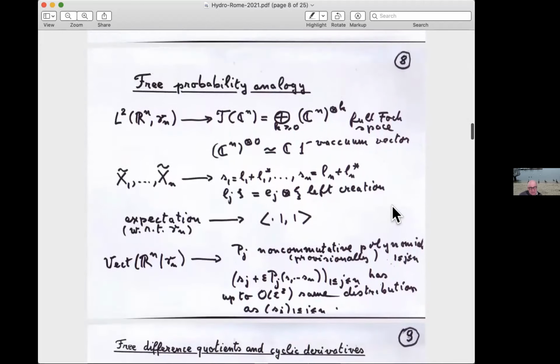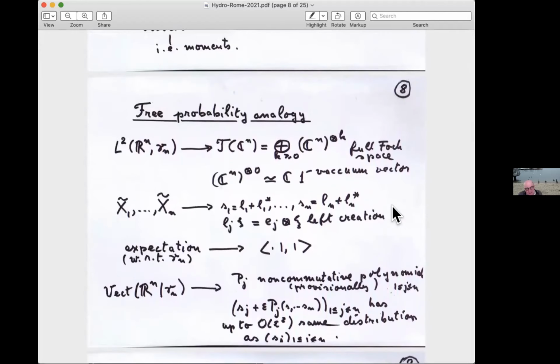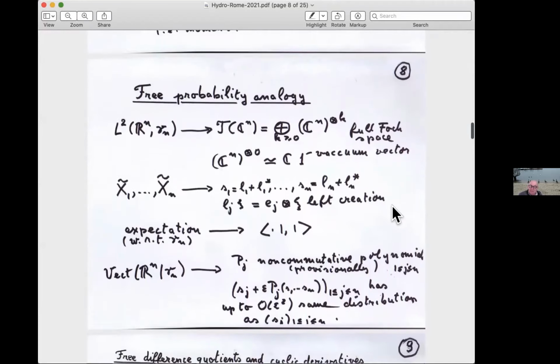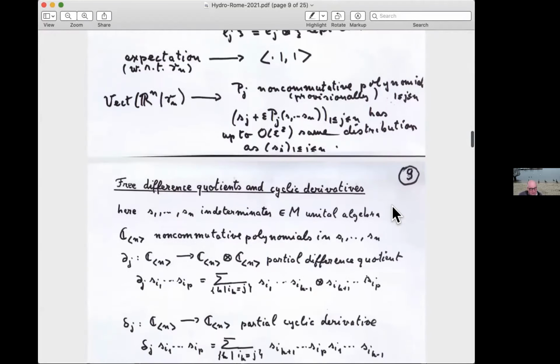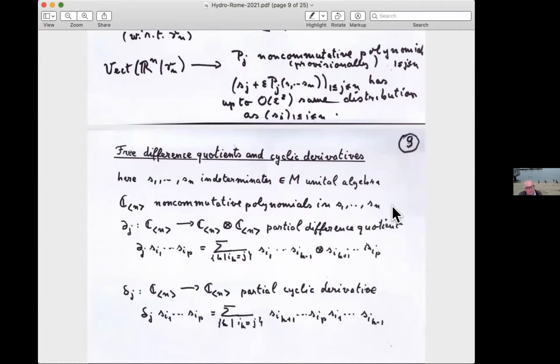And now let me say a few things about the differential calculus I'm going to use, because I need to have Poisson brackets, and other things to write Euler equations. So in the free context, let's now take S1, Sn, using the same letters for these free Gaussian variables.